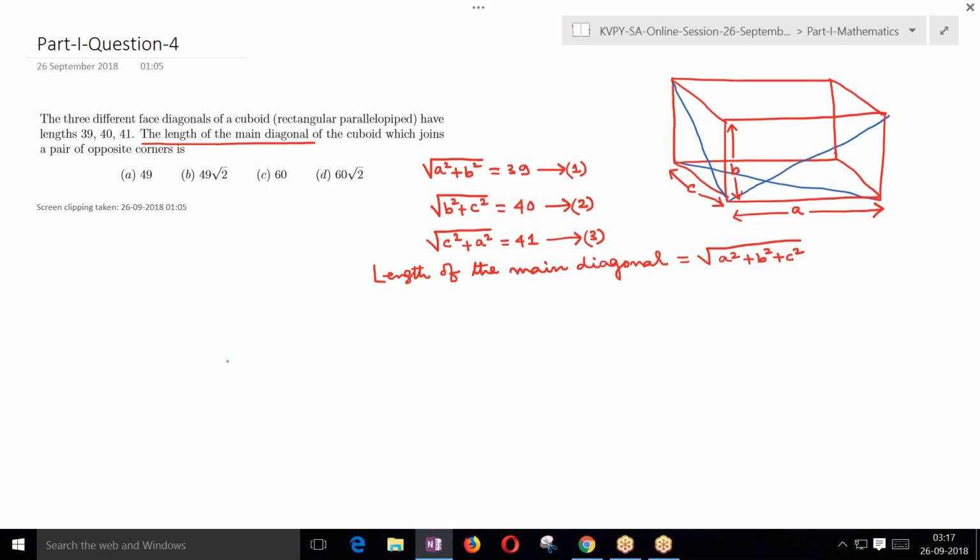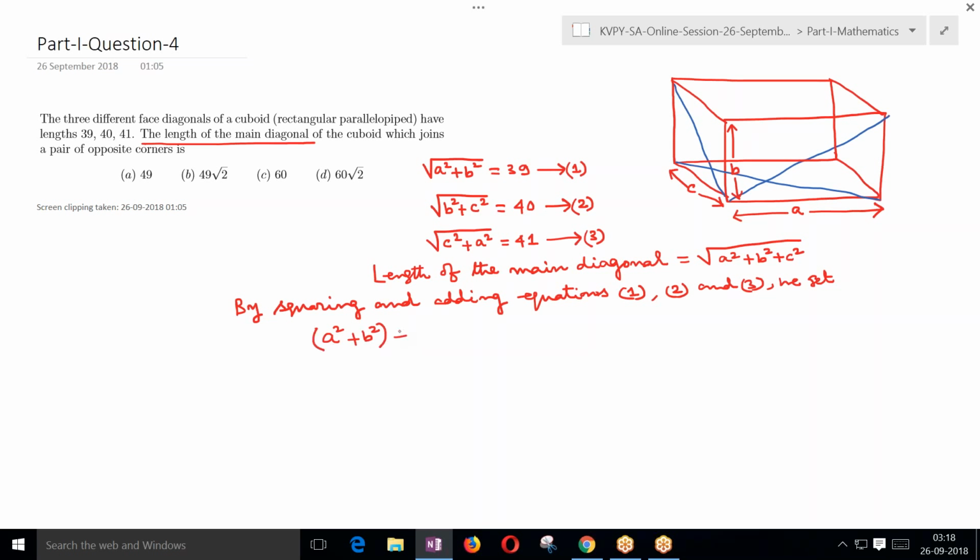By squaring and adding equations 1, 2 and 3, we get a square plus b square plus b square plus c square plus c square plus a square is equal to 39 square plus 40 square plus 41 square.